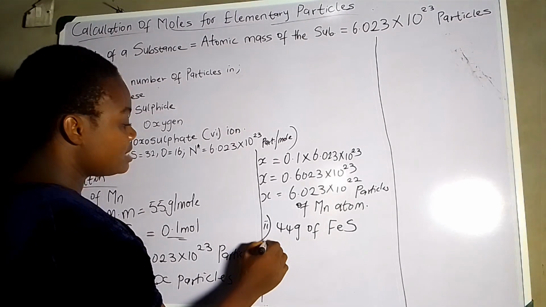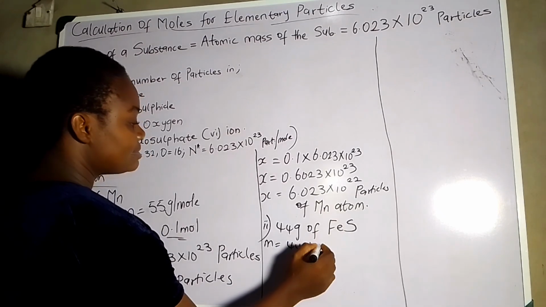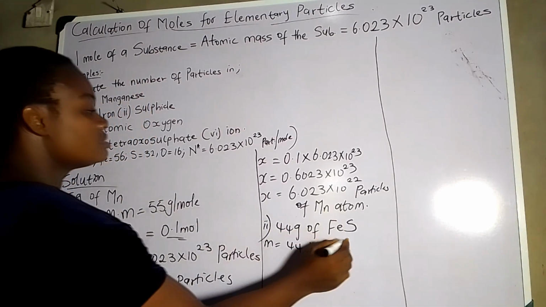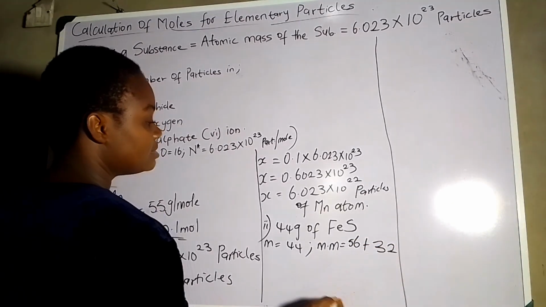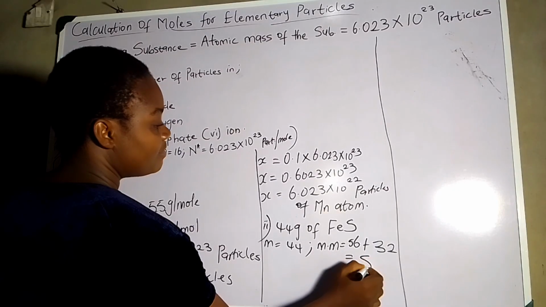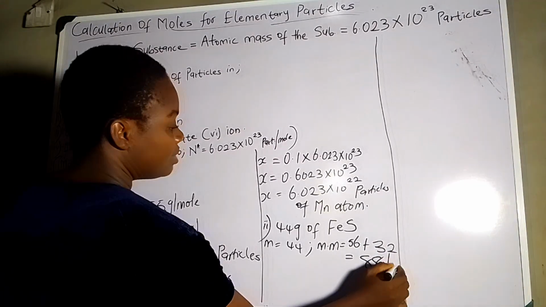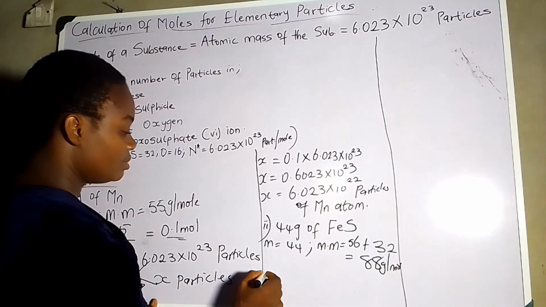We have the mass already, so I will go ahead and write 44. The molar mass: iron is what? 56. Sulfur is 32. When you add, you have what? You have 88 grams per mole.